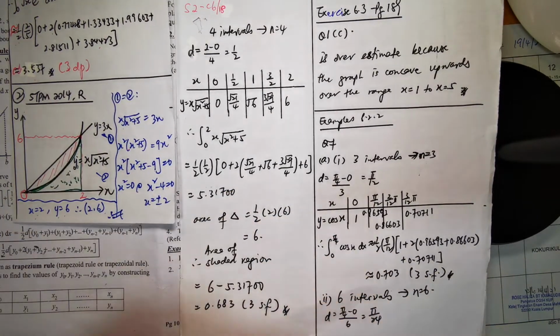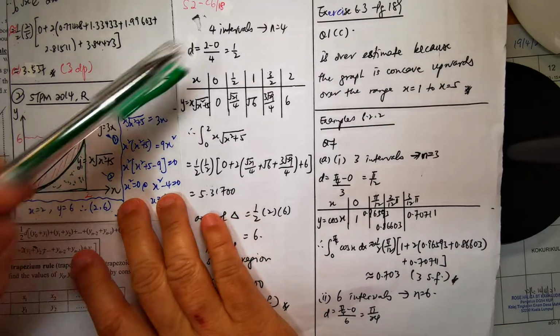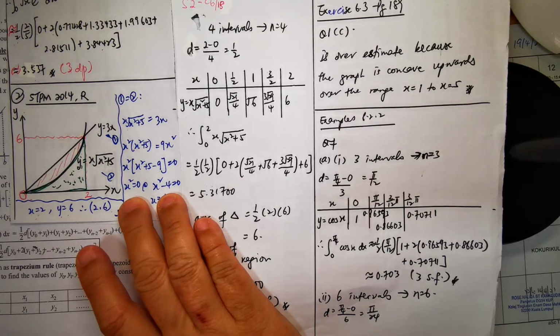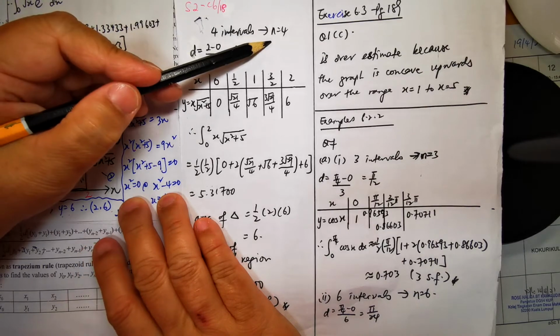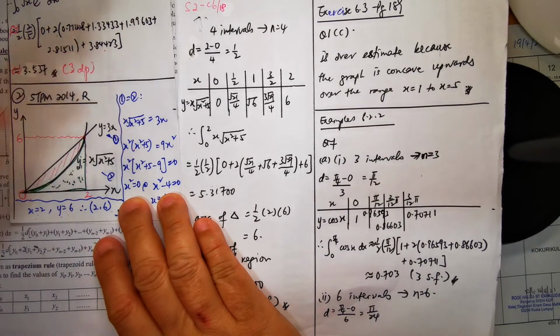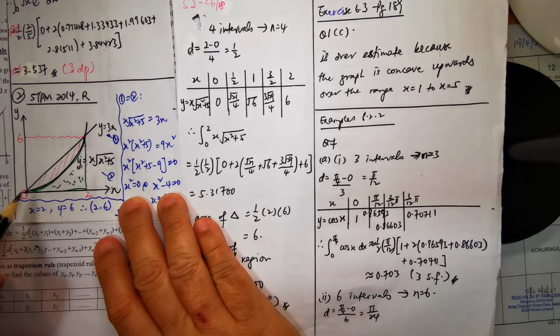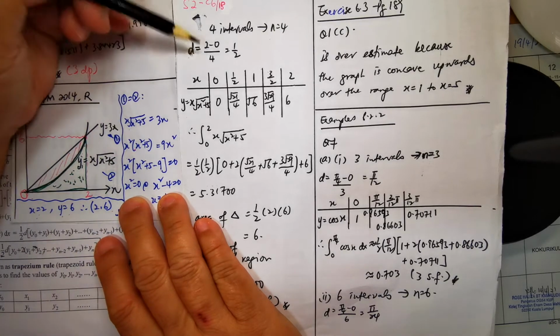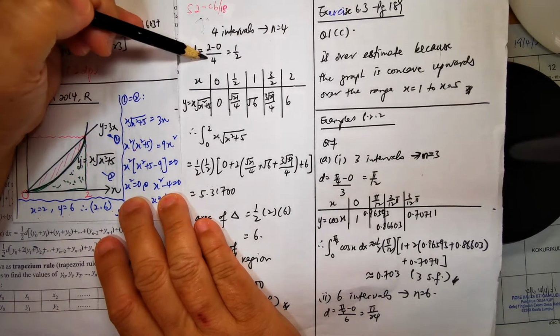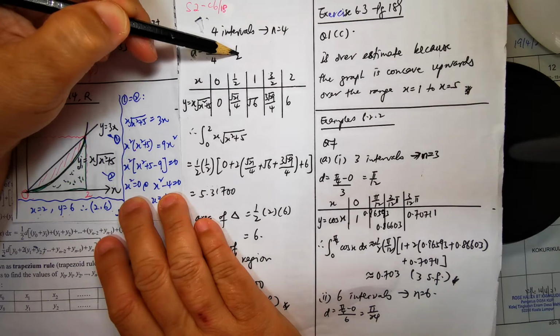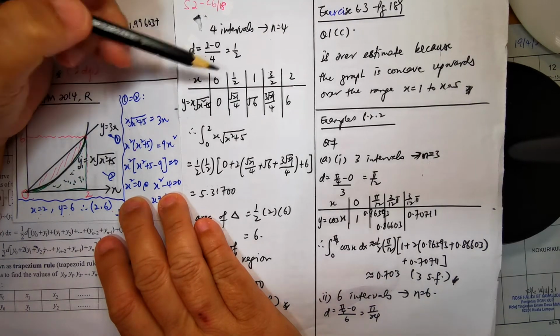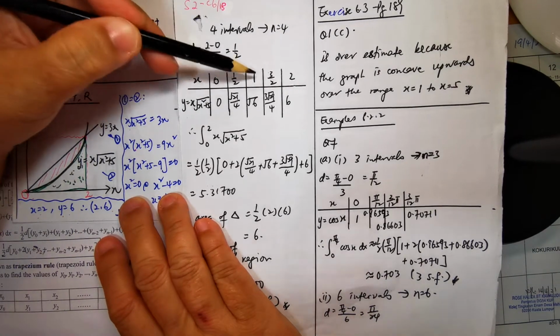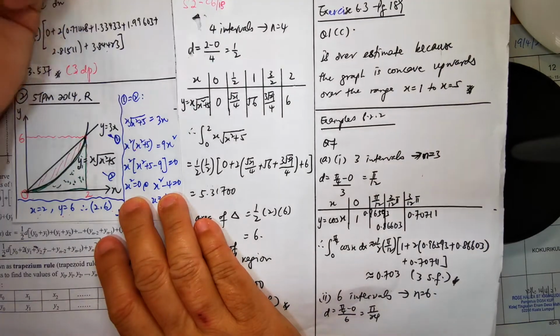You can see the question says 4 intervals, right? So if intervals are given, it means straight away n equals 4. So we calculate d. Just now we already calculated, from 0 to 2. So d is 2 minus 0 over 4. So d is half. So x will start from 0, each time add half and go up to 2.